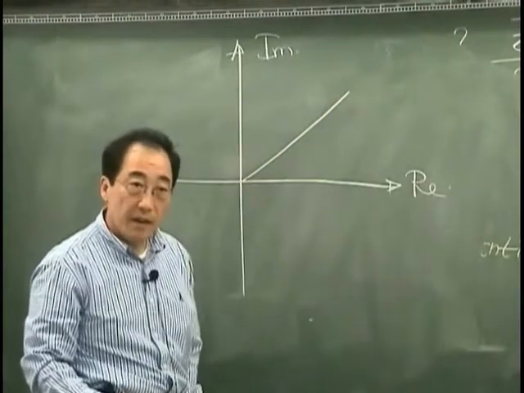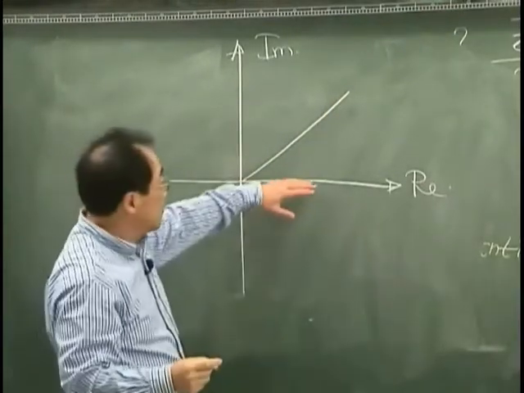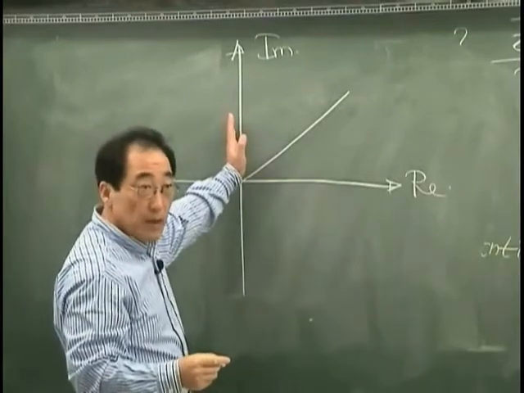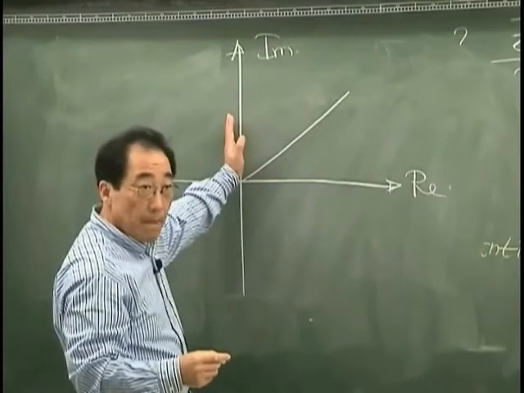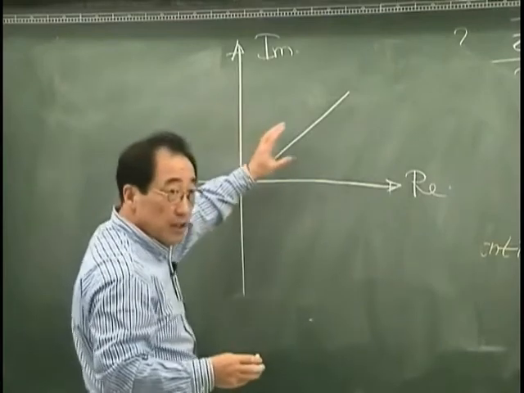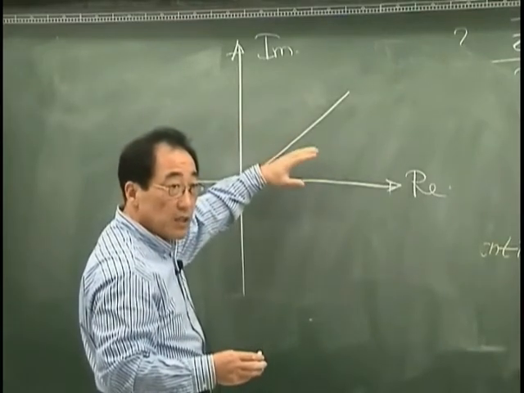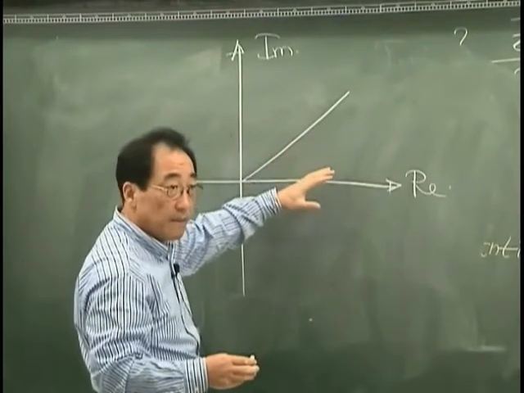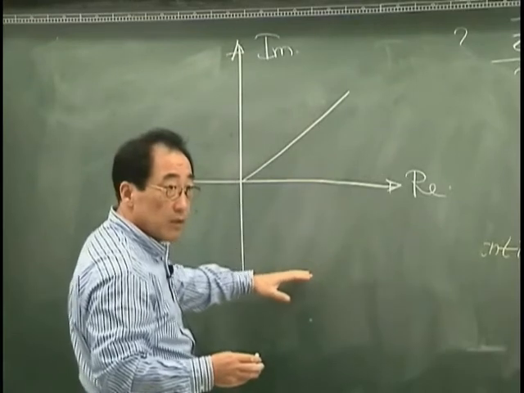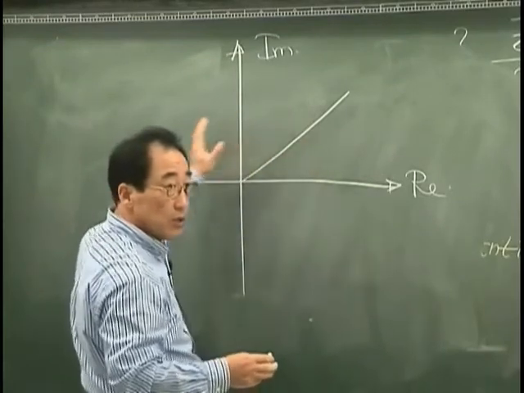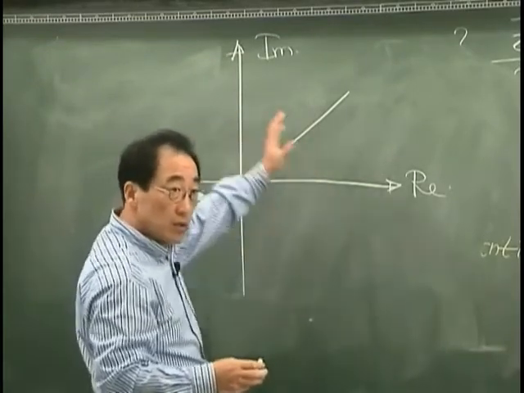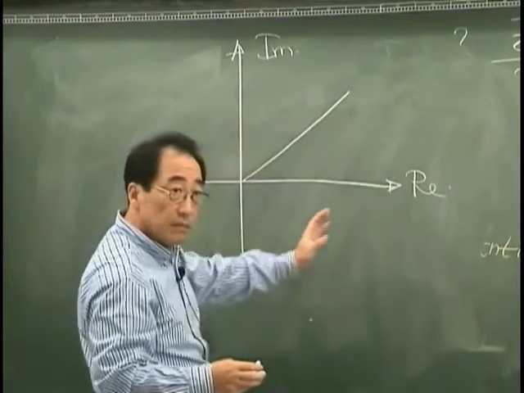That f has a real part and an imaginary part. And then minus j omega t means it is rotating in this direction or this direction. Which direction? This direction. Right?